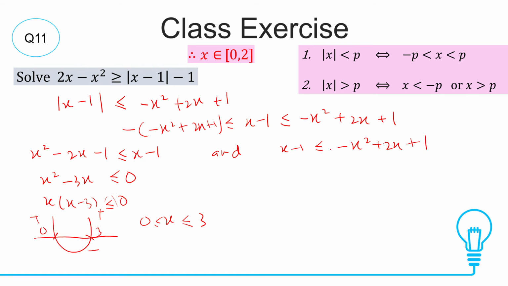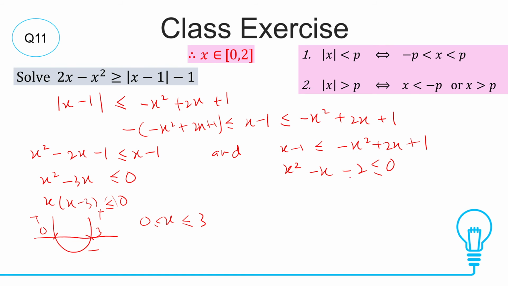And my right hand side doing the same thing. I don't like negative, so I have an x squared, I shifted here so it becomes minus x. This one shifted here, minus 2, less than or equal to 0.